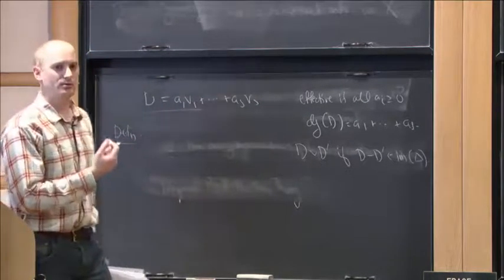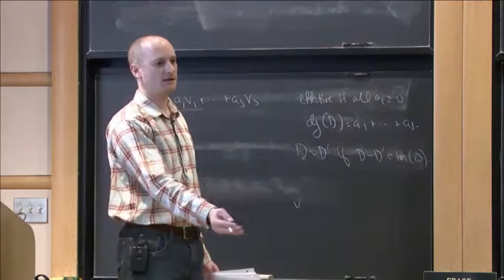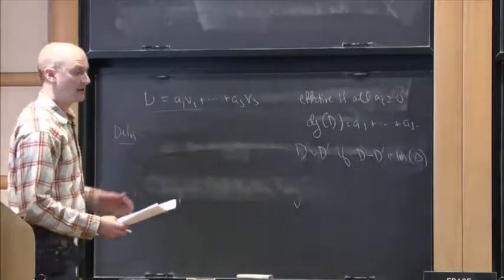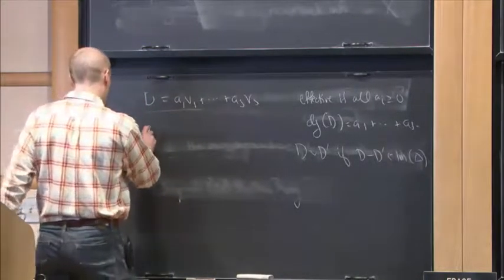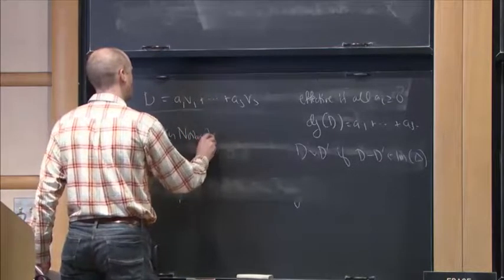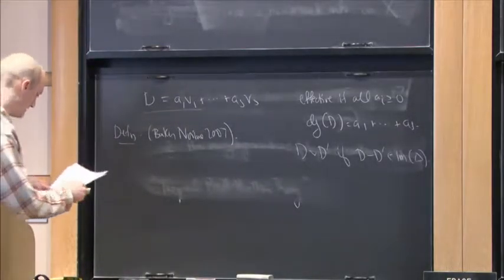And in order to start saying things about linear series on curves, we need an analog of the dimension of a complete linear series on a curve on these graphs. And the definition is actually quite clever and beautiful and wonderful. This is due to Baker and Norine in 2007.